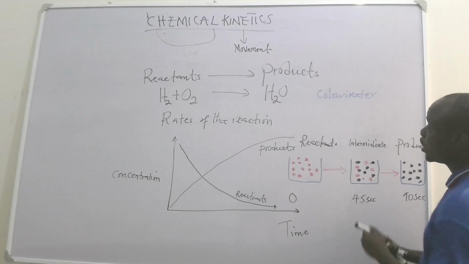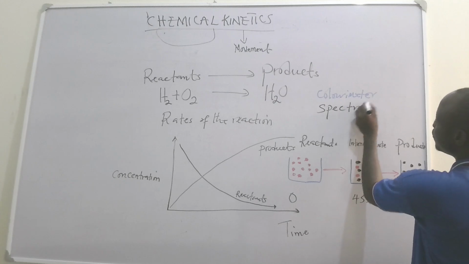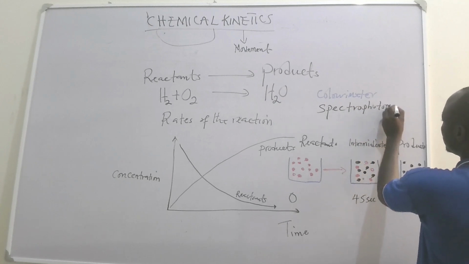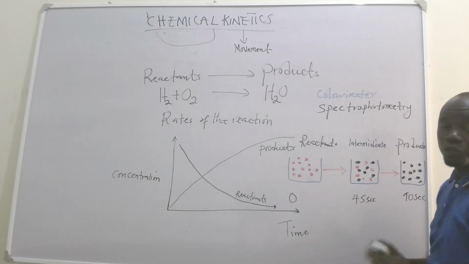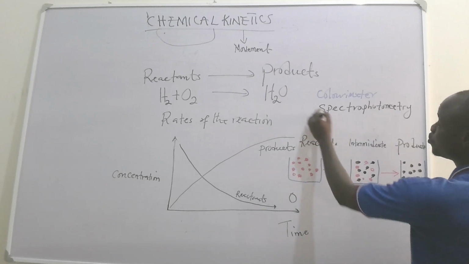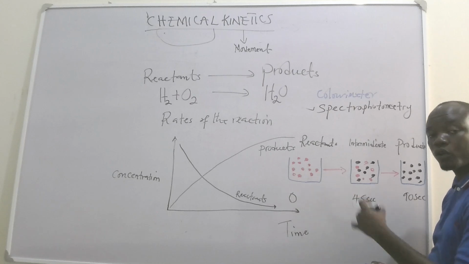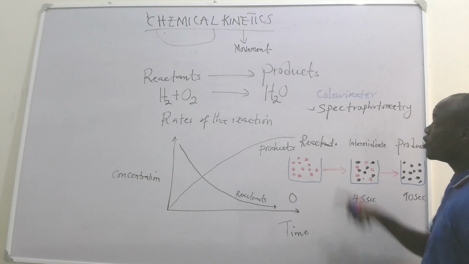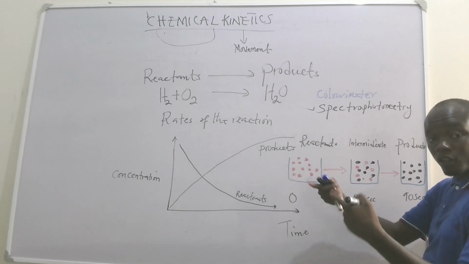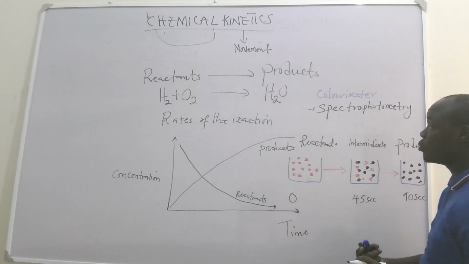And of course, we also have spectrophotometry. So you can also use spectrophotometry to measure the appearance of the product and disappearance of the reactant based on the conjugated structure nature of the molecules.